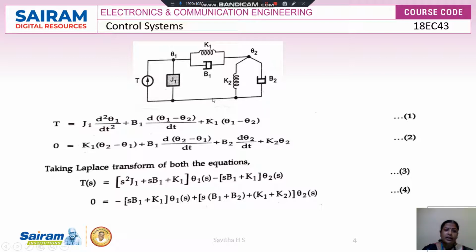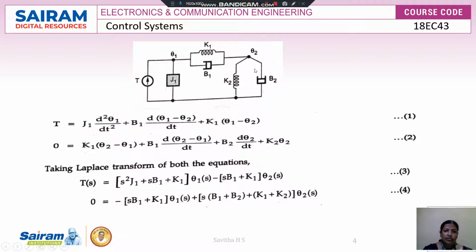The mechanical network means whatever elements the mechanical system has, the same diagram should be replicated in the mechanical network. So I have written the expression as T = J1 d square theta 1 by dt square, plus, since the spring and damper are between the two nodes, B1 d(theta 1 minus theta 2)/dt plus K1(theta 1 minus theta 2). This is for node 1.